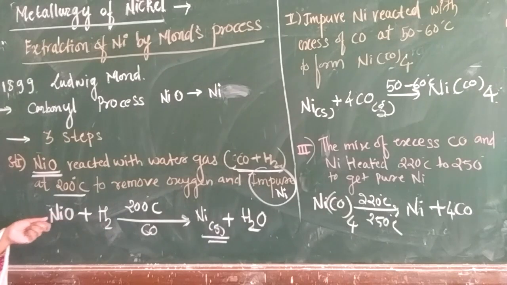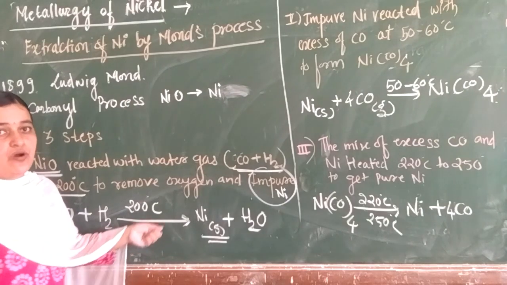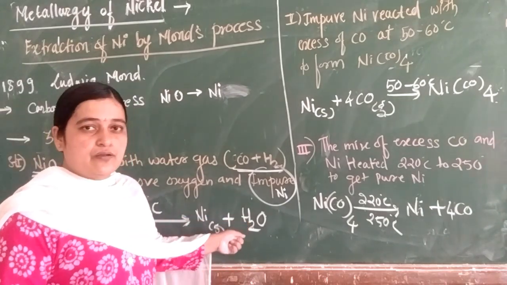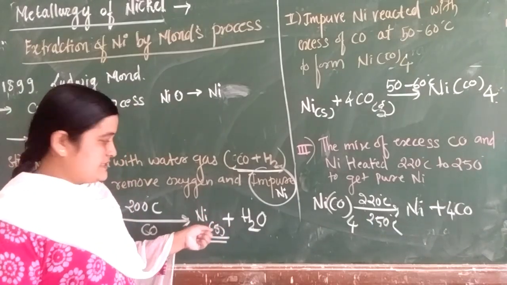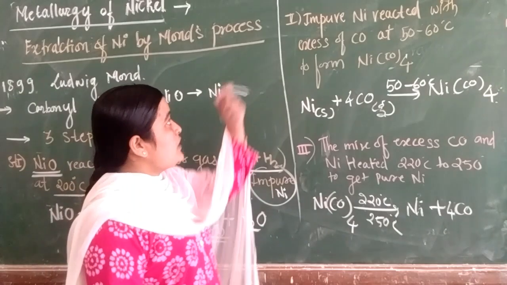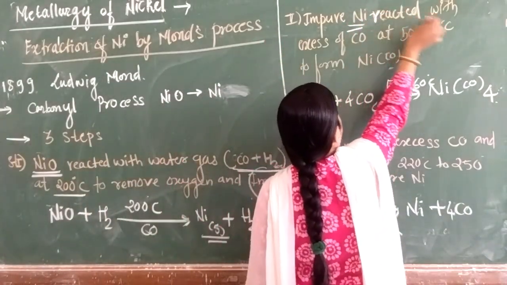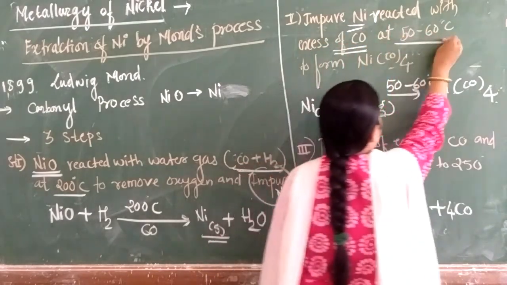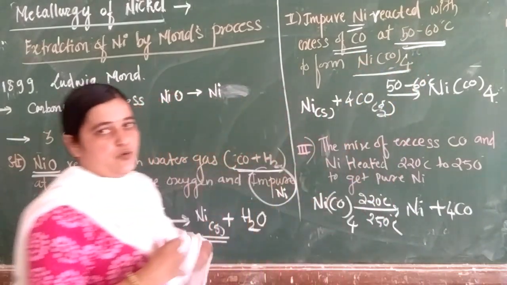This is the first step. What did it do over there? Nickel oxide reacted with water gas, NiO plus H2 in presence of CO at 200 degrees Celsius. We will get impure nickel, that is, nickel but still in impure form, containing some gases, plus H2O. Now the impure nickel we have got is reacted with excess carbon monoxide at 50 to 60 degrees Celsius to form nickel tetracarbonyl.